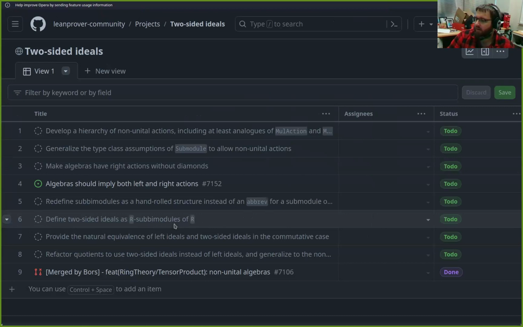I think the big one is making algebras have right actions without diamonds. And I know that Eric has thought a lot about that, and he even had a PR in Mathlib 3 which rotted. But I think really the answer is we're not going to go through bimodules at all.